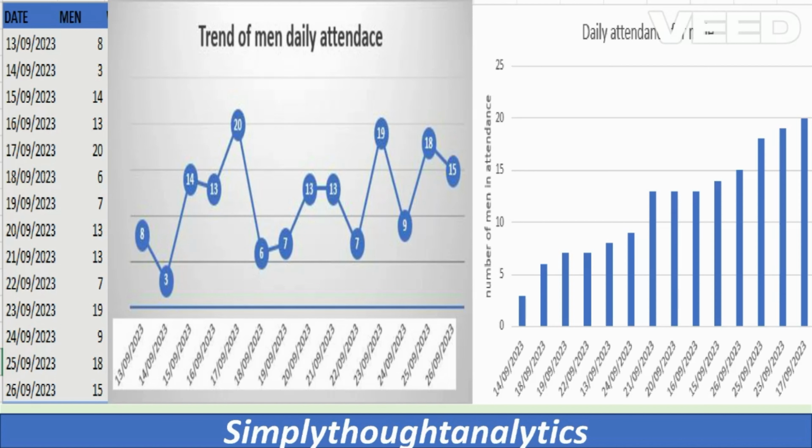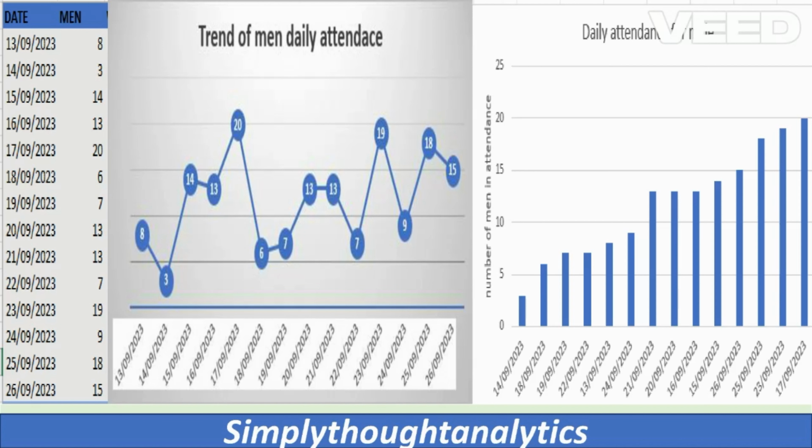However, the question is, which of these two charts should I choose at a particular time? That comes to the question: what are you actually looking for, or what kind of information do you want to convey?